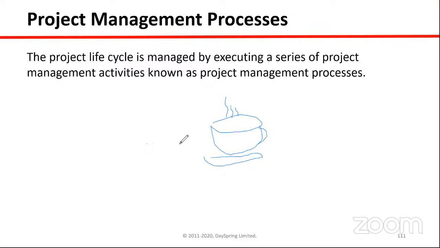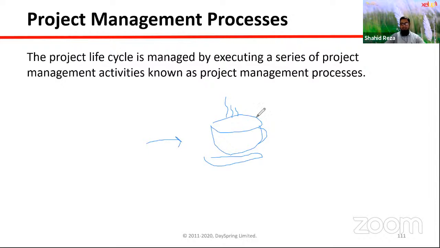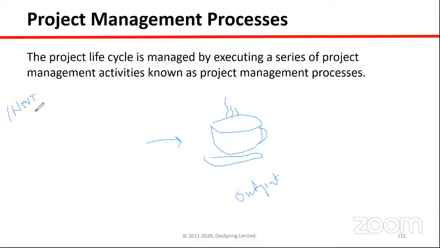Our target is to make a cup of tea. So this is actually the output. Our target is to make a hot cup of tea. So what are the inputs we need to make this one cup of tea?